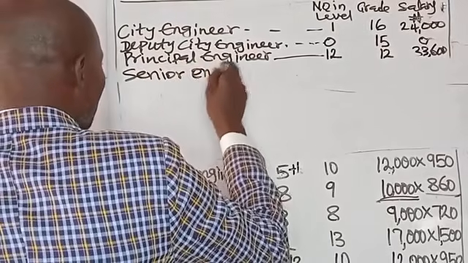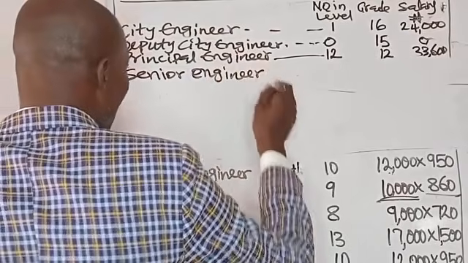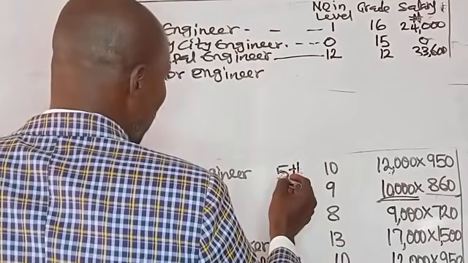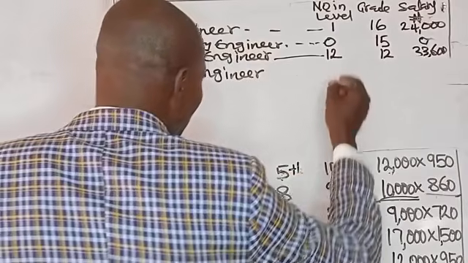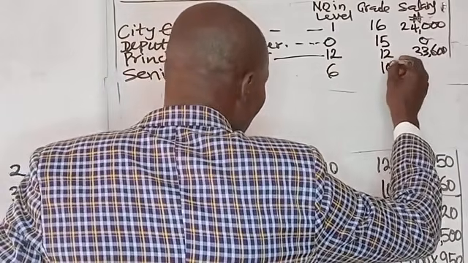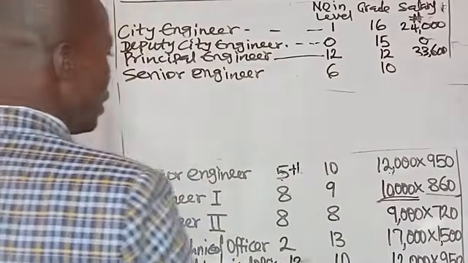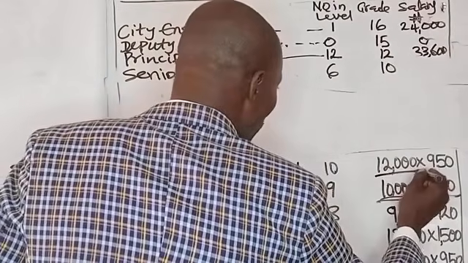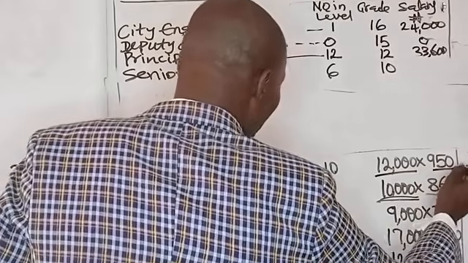We have 6 employees, grade level 10. Now, the basic salary is 12,000, while the increment is 950.